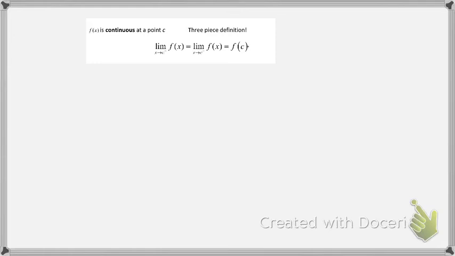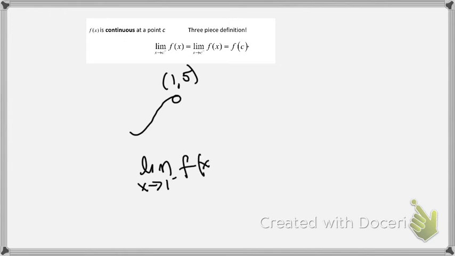Okay, continuity. This one's not super common, but if you have to prove that something's continuous, then you say the limit from the left. Let's say this one has a hole at 1, 5. So the limit as x approaches 1 from the left is currently 5. But to be continuous, that has to equal the limit as x approaches 1 from the right.